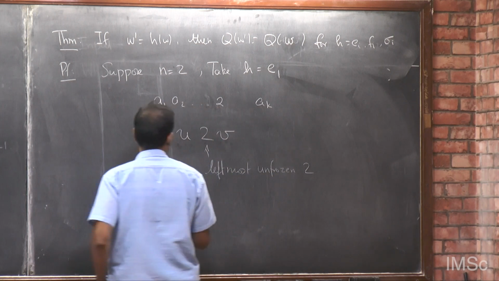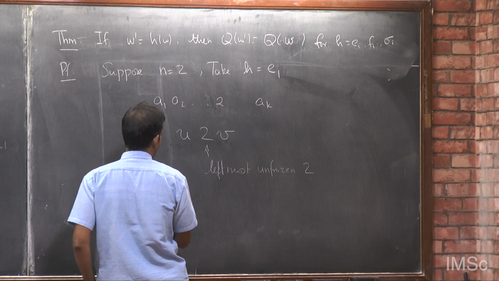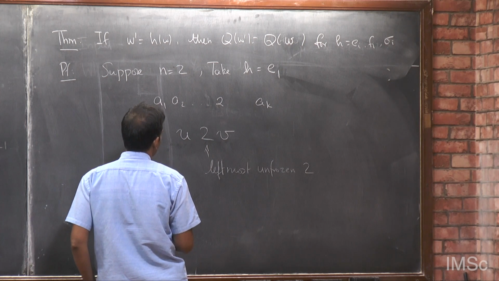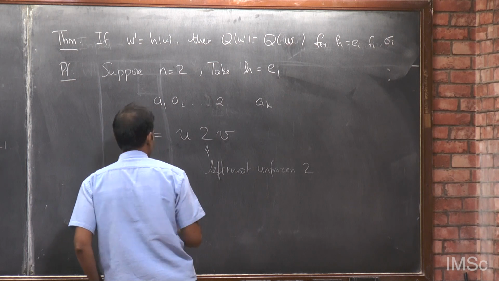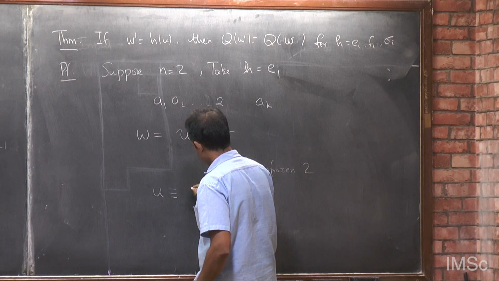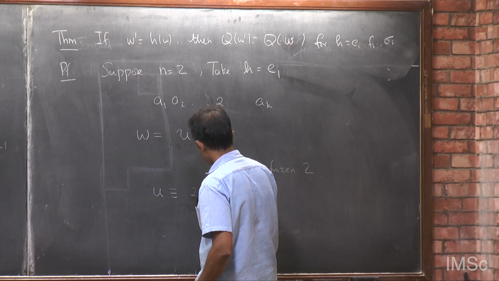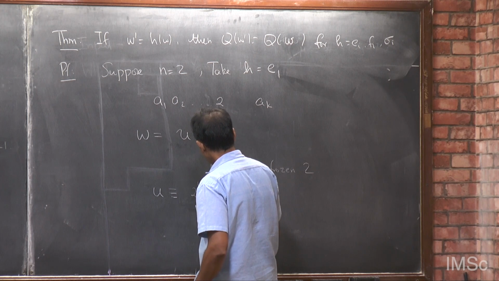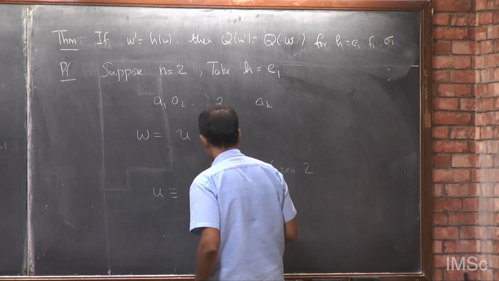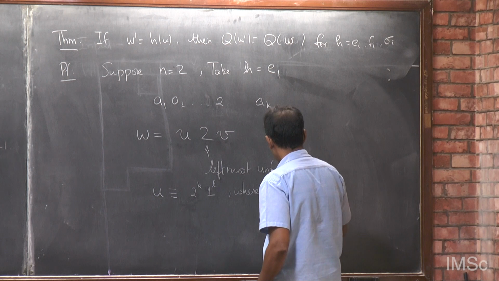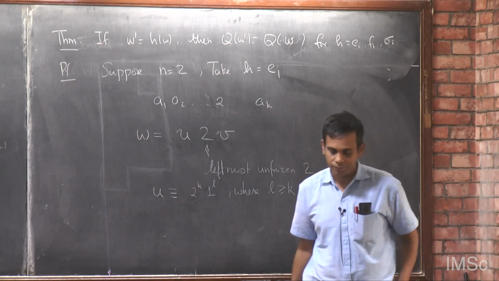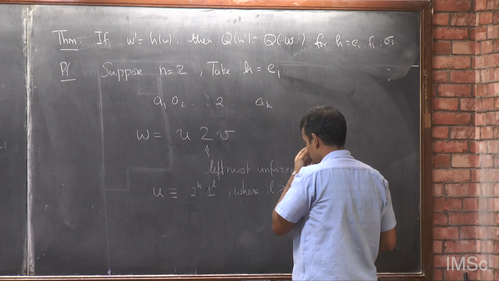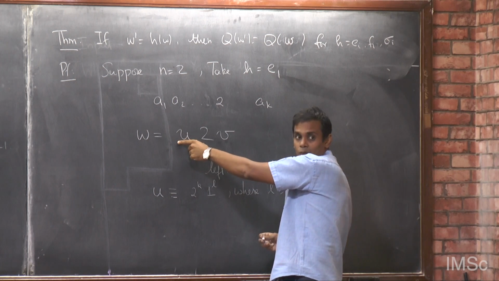So U is, so I want to say that U is actually Knuth equivalent to 2 to the K, 1 to the L, where L is greater than or equal to K. Okay, so, no, there are more 1s on this side than there are 2s.